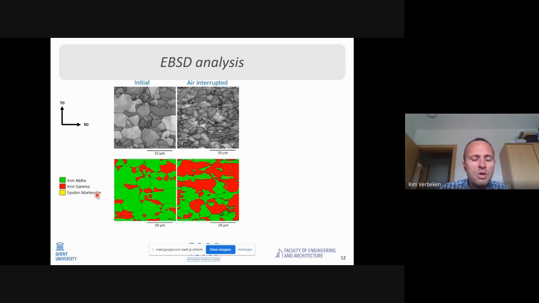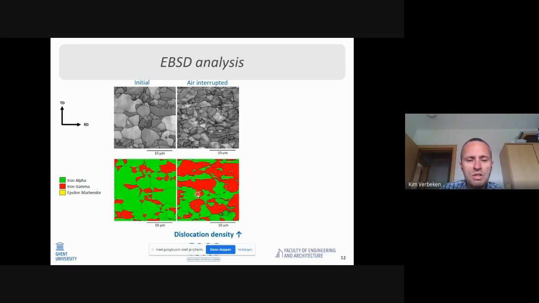Now, if you look at the initial specimen, you don't see any yellow color, so there's no epsilon martensite. When you look at the specimen of the interrupted air test, so 26% of strain, you see that the dislocation density increased.